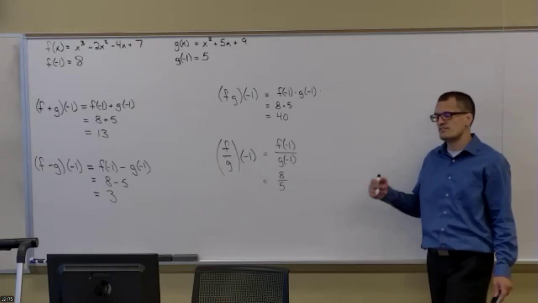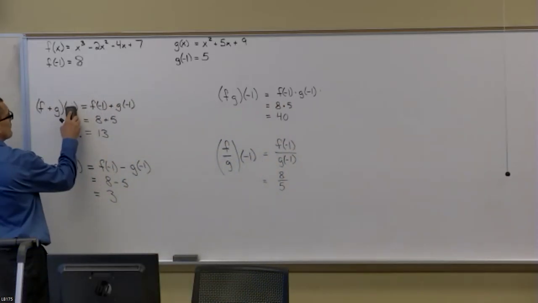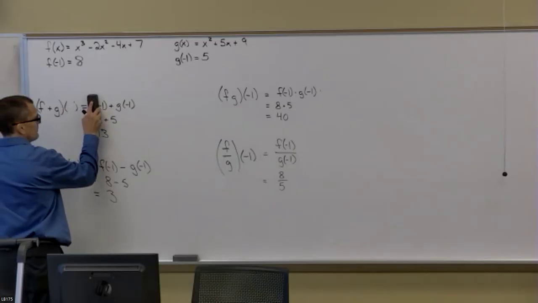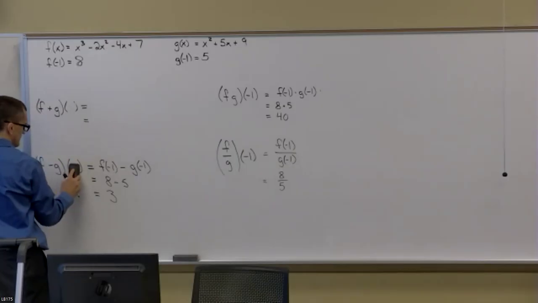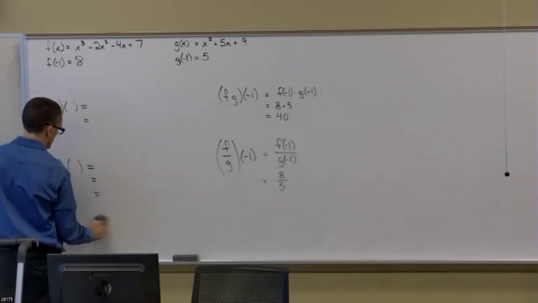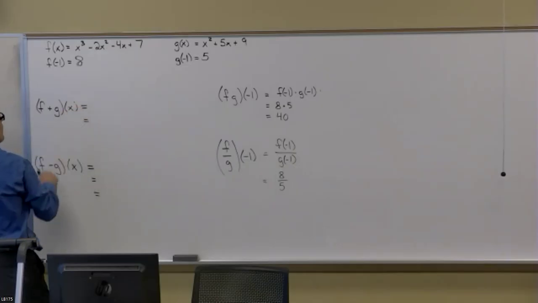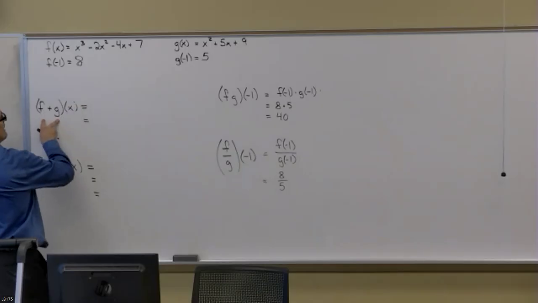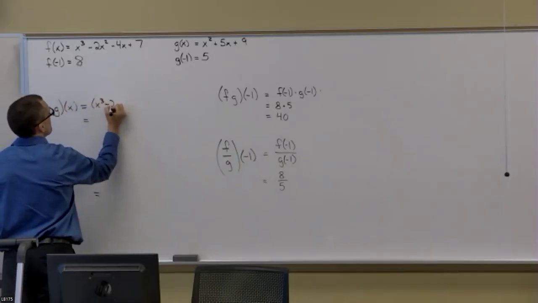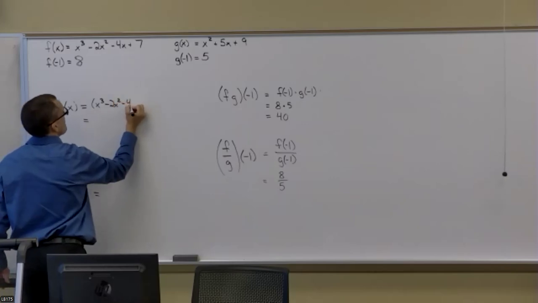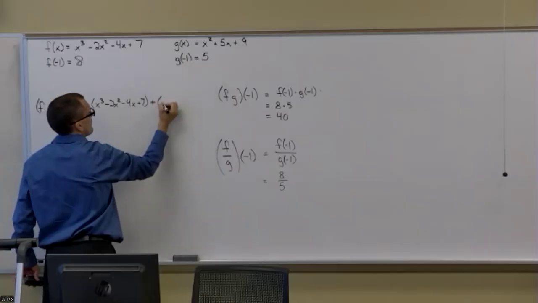So I think the specific ones go really quick. Sometimes the more general thing, and that's what I'll do now, goes a little bit slower. When we add f plus g, we're going to add this polynomial to this other polynomial.